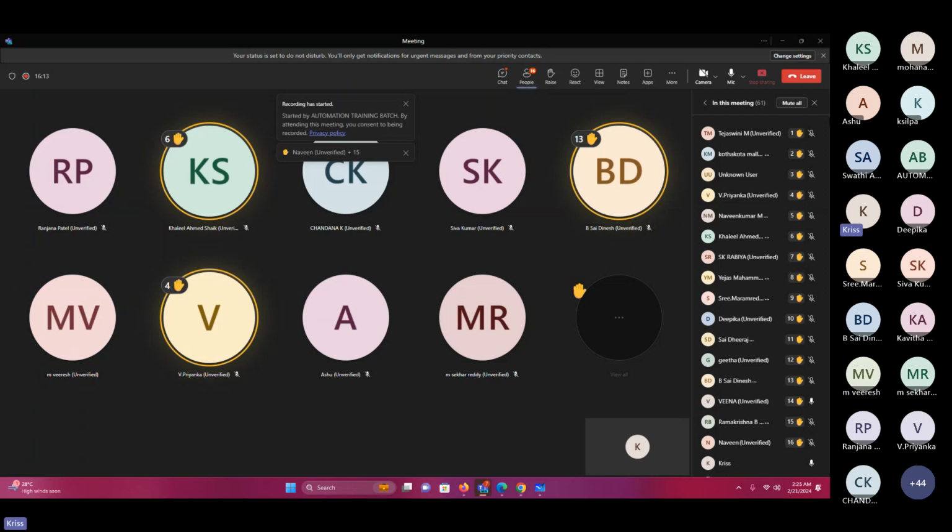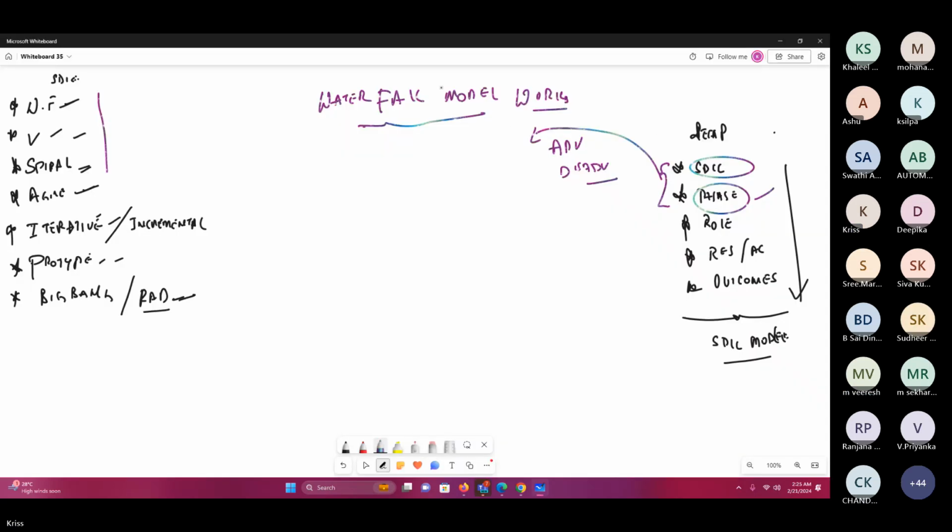Okay, Ramakrishna B. Yeah. The project development team completes one phase at a time, and each phase gets it right. From that information, we will go on to the next phase to move forward in the work.